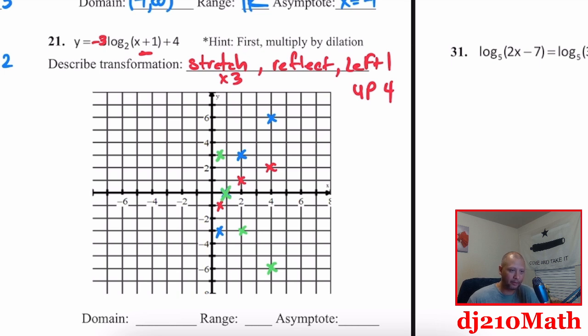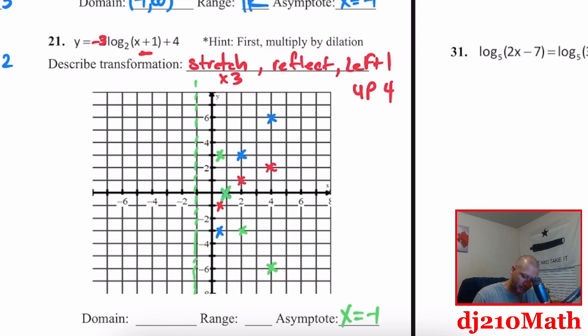Now we just have to move the green dots left 1 and up 4. Left 1 is going to make the asymptote go through -1. So it's the green x's. We've got to go left 1, up 4.